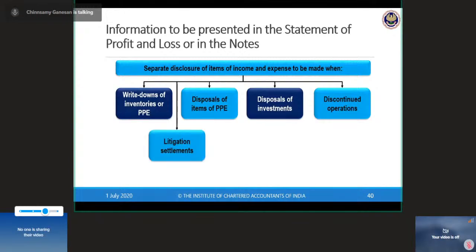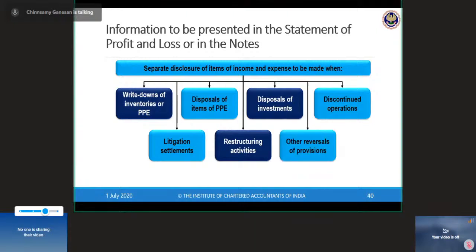Any litigation which has been settled in the current period and the impact of that should be part of that. Any restructuring activities, for example, if I have introduced a voluntary retirement scheme, that should also be part of the disclosure. Any reversal of provision, these are all the mandatory disclosures to be part of your notes and accounts, apart from regular requirements based on certain specific accounting standards. This is what the notes and accounts should be.